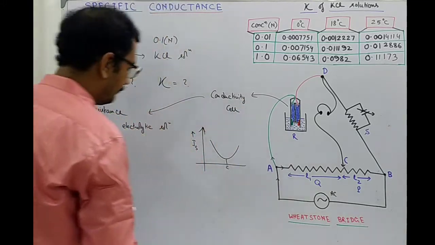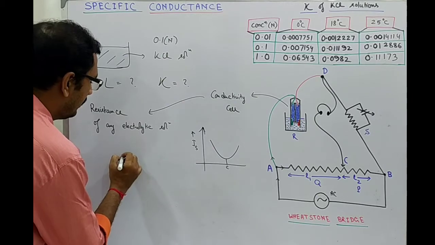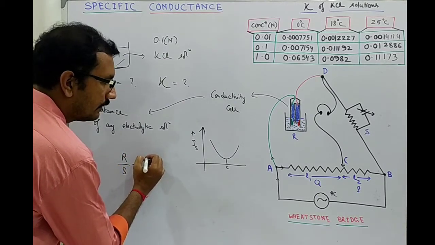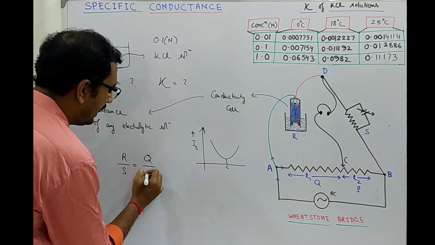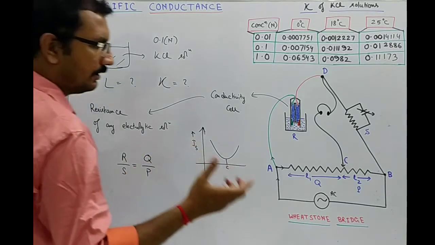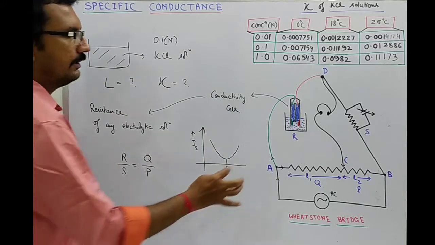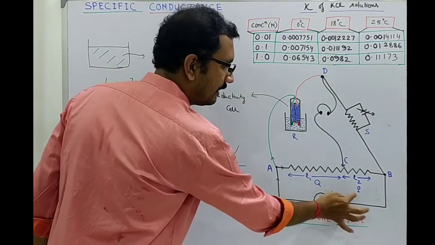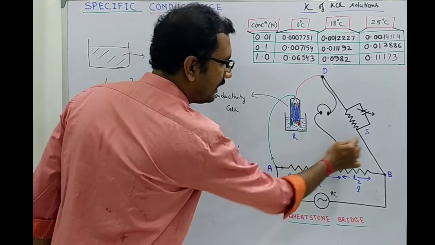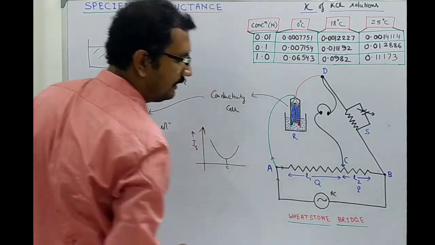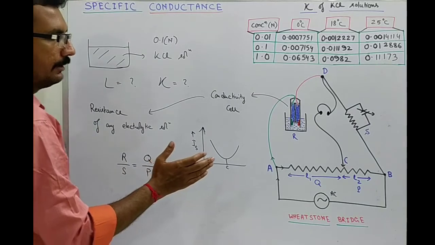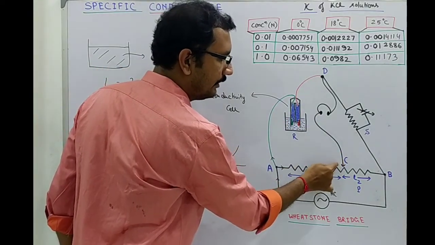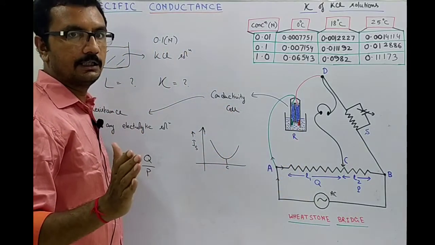So, we have R by S equals Q by P. We have 4 arms, so 4 resistances: this one is R, this one is S, this one is Q, this one is P. When R by S equals Q by P, then the potential at the point D and at the point C will be exactly identical.